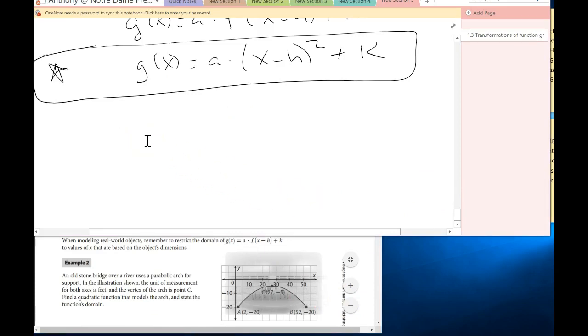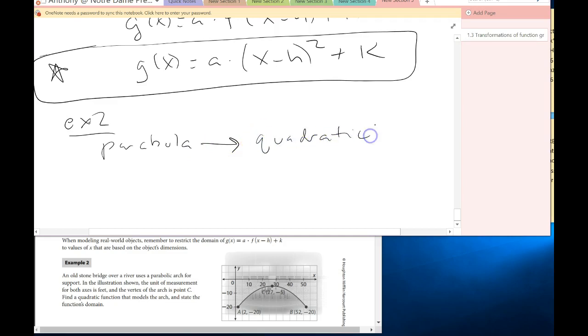Okay, so what I'm looking at here is example 2 from page 38 in your textbook. It says, an old stone bridge over a river uses a parabolic arch for support. A parabola is just the name of the graph of a quadratic function.